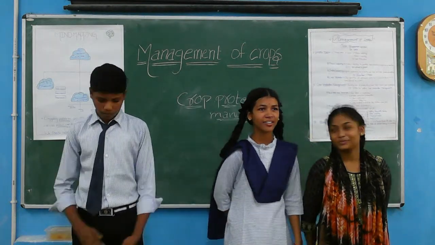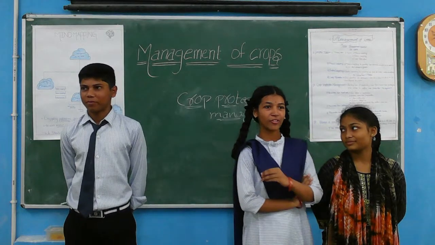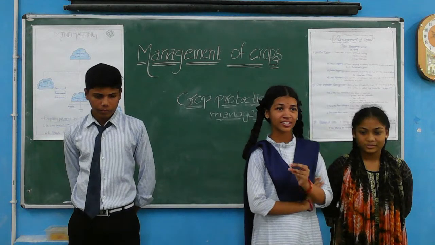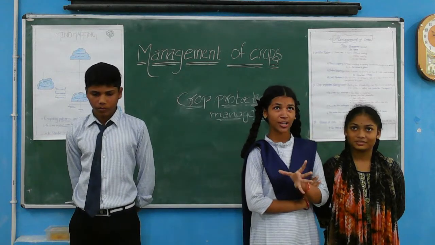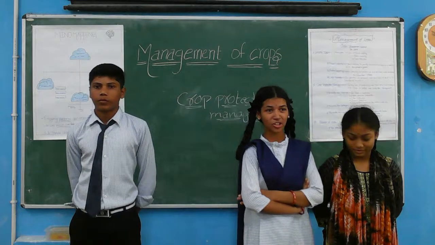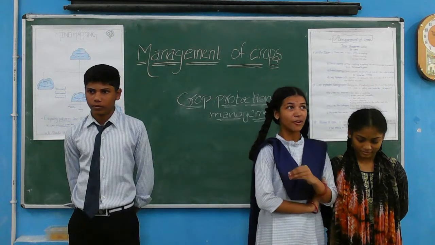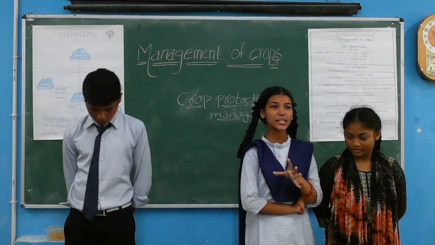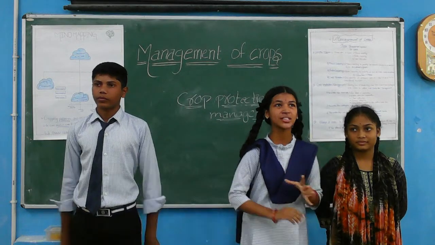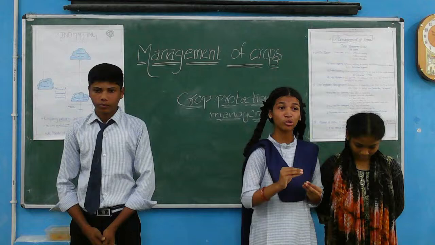Because I already told you that crop production is very important because we have to produce our crop for energy. Along with production, protection is also important, because how much a crop is produced is not as important as protection. It is a waste, however much you produce, when you do not store it properly.